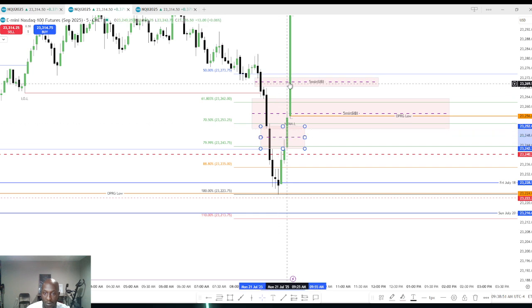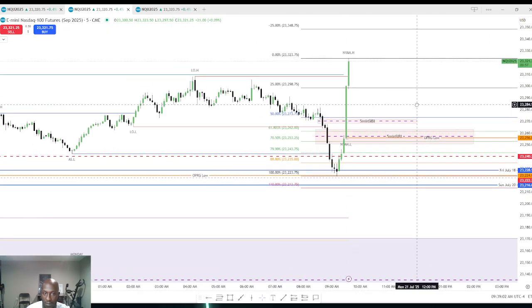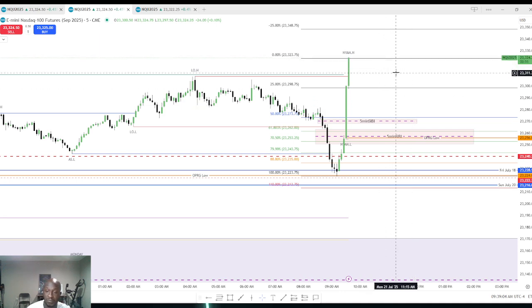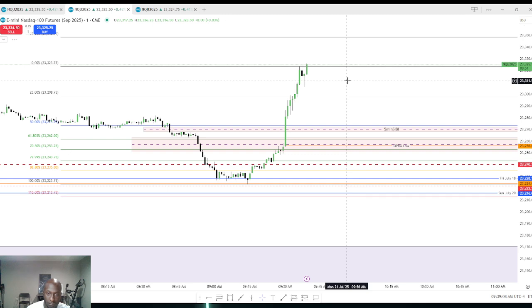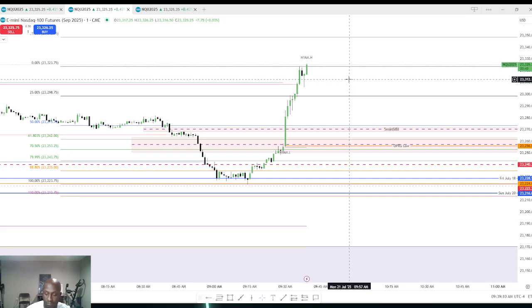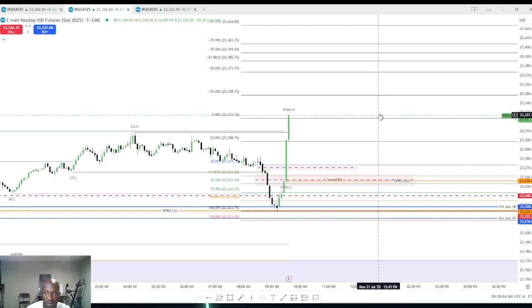So let's see this treated as inversion, this treated as inversion. It might be one of them ones where we don't even do anything. 5-minute BISI there.